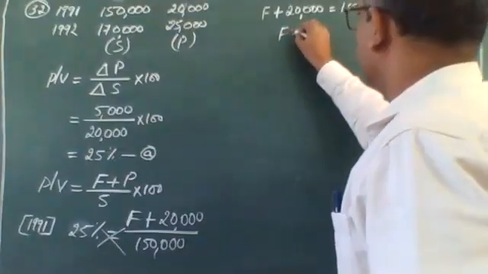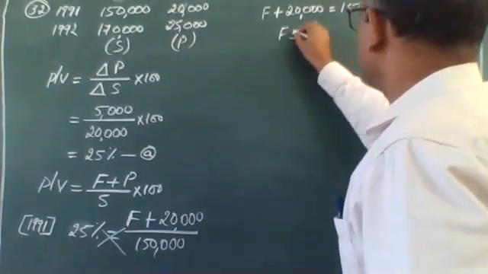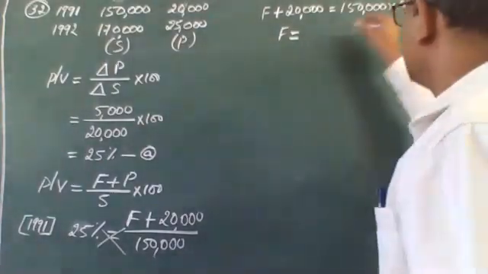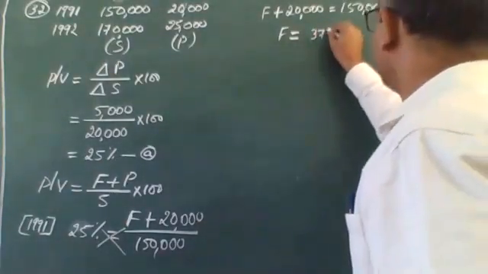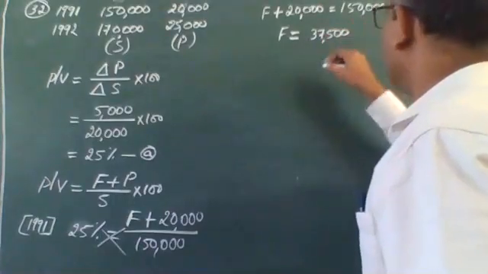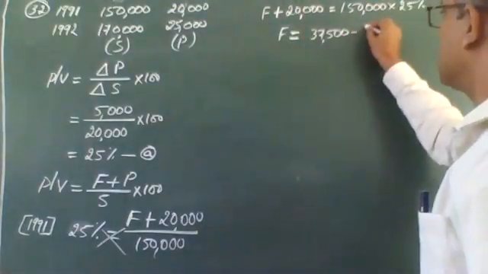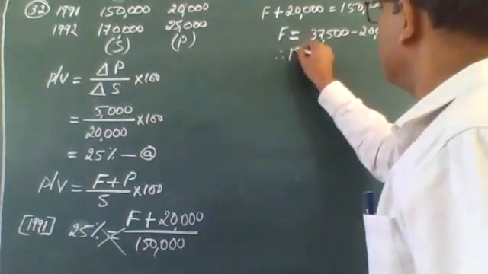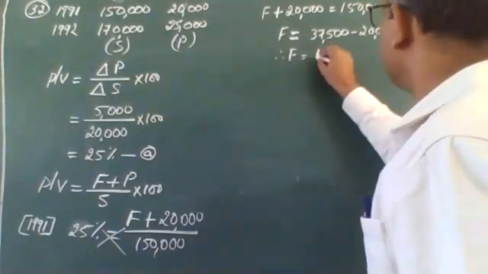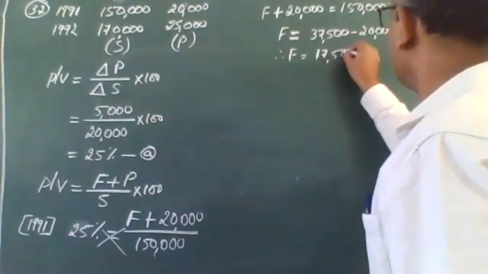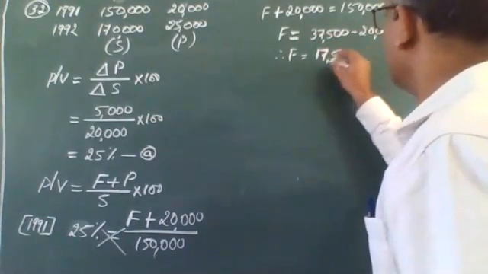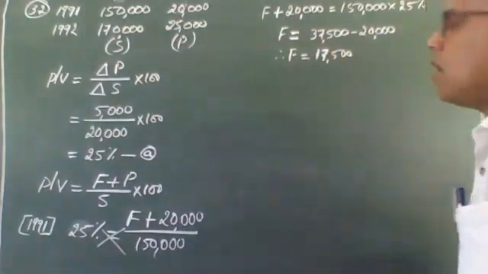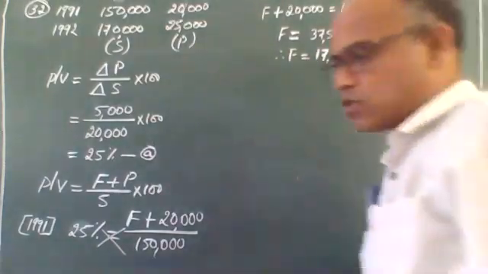See, 150 into 25% should be 37,500. This plus 20,000 going that side becomes minus 20,000. So therefore, fixed cost is 17,500. So I have the fixed cost with me.